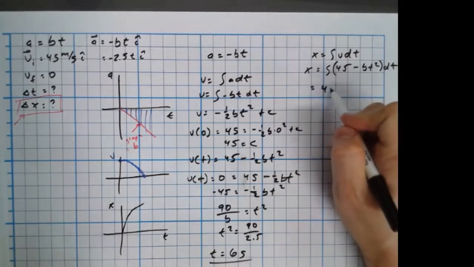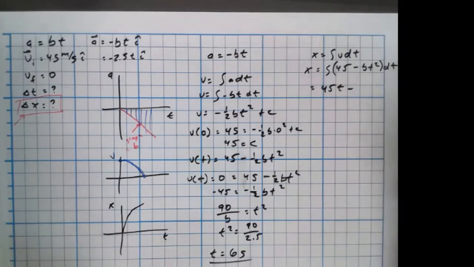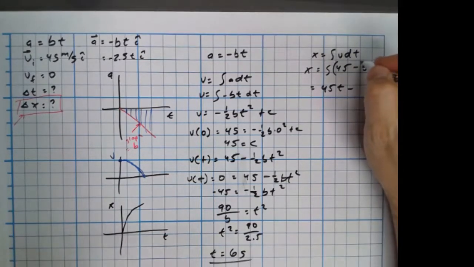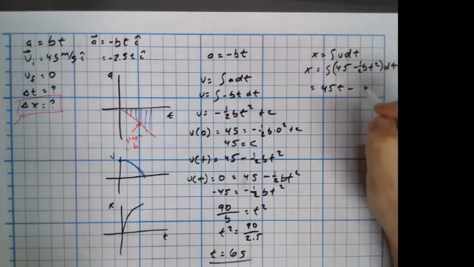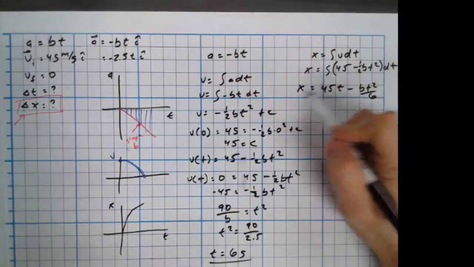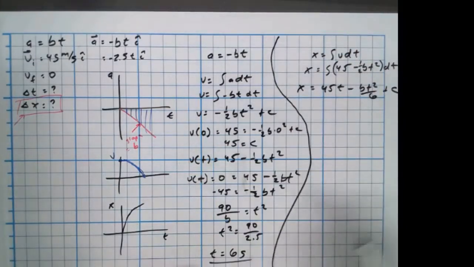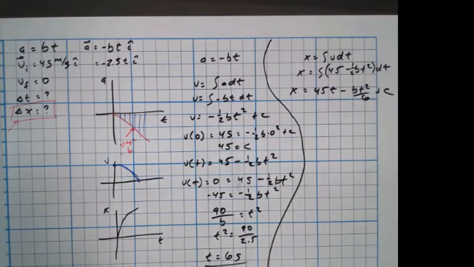which is 45t minus, oh, I dropped the 1/2. 1/2 bt squared over 6. That's from the 1/3 and the 1/2 together, plus a constant. Oh, oops.